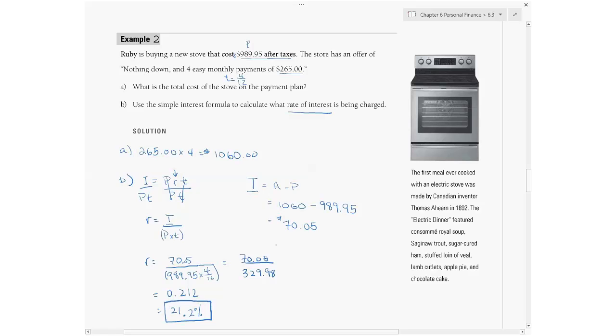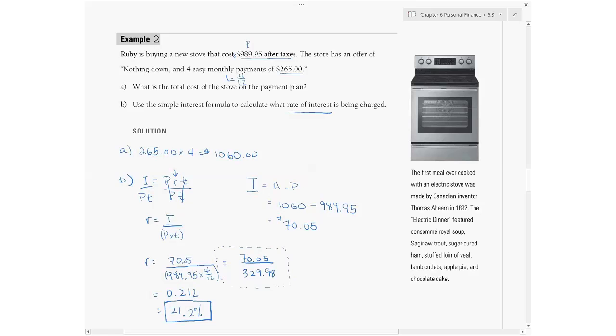This isn't as accurate as doing it all in one, but it's relatively close. If we do that, dividing by 329, I still get 21.2 as the answer.